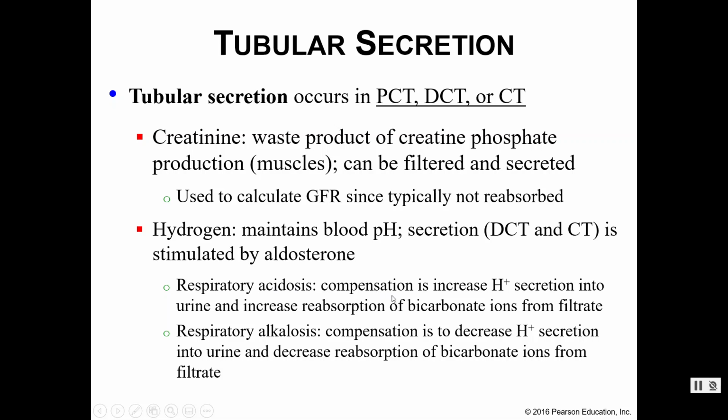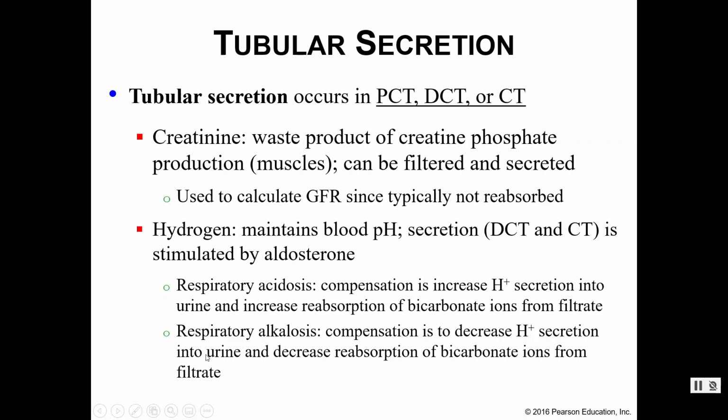Your urinary system. You're going to have to do some sort of metabolic compensation. That compensation is going to be increasing hydrogen ion secretion, and reabsorption of bicarbonate ions is going to increase as well. Why? Because bicarbonate ions act as a base to help us alleviate our acid problem.